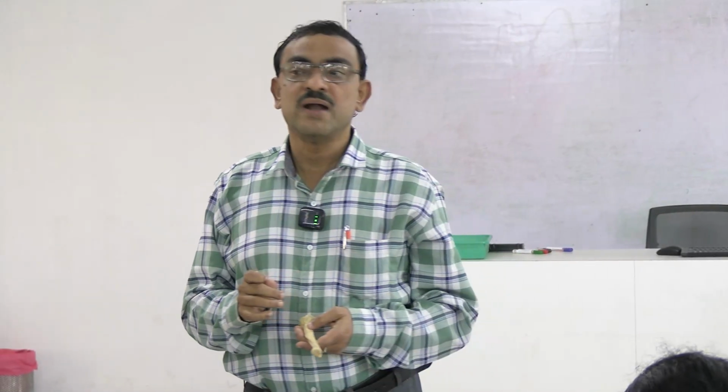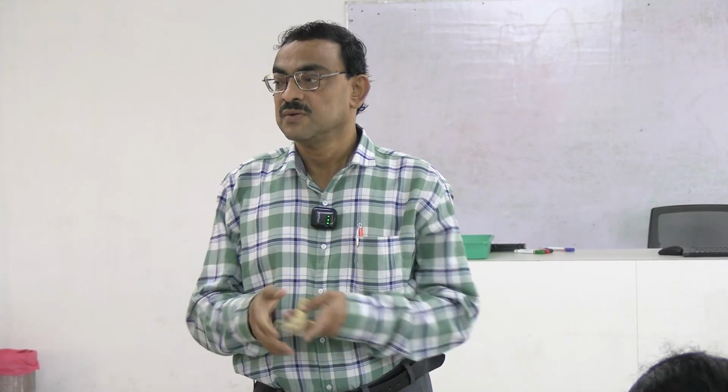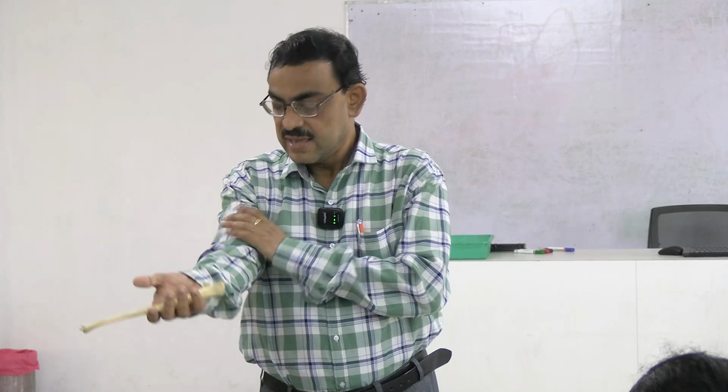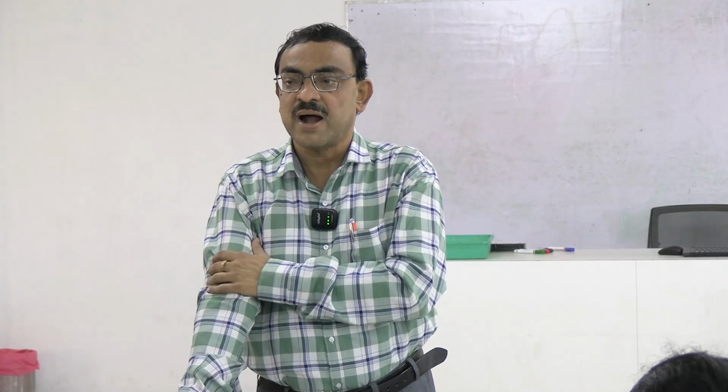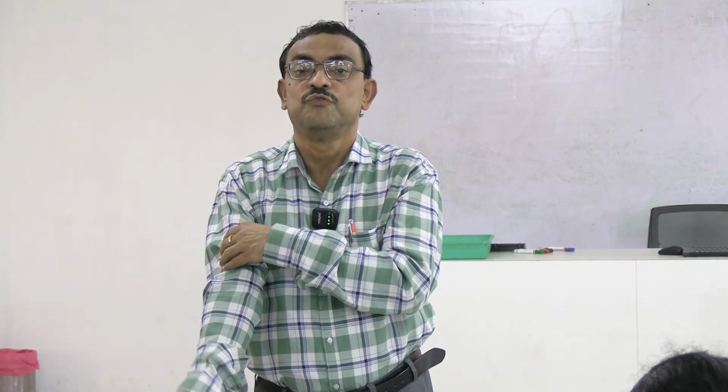Okay, so this ulnar tuberosity is for insertion of one muscle. We know this is biceps. In the anterior part of the arm, or front of the arm, we get two flexor muscles.